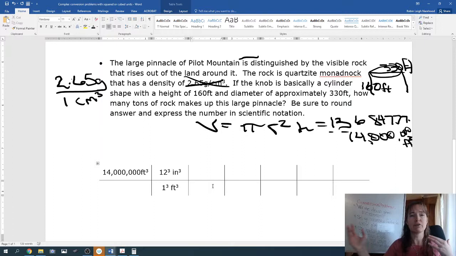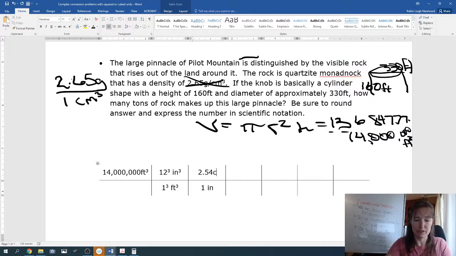Whenever you're in inches, if you're wanting to go to the metric system, you go into centimeters next. So you want to write down what you know about the relationship between inches and centimeters. 2.54 centimeters is the same thing as an inch, but I need it to be 3 dimensions, so I need to cube everything. I'm going to cube the numbers and cube the units.